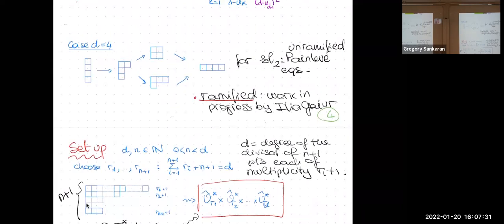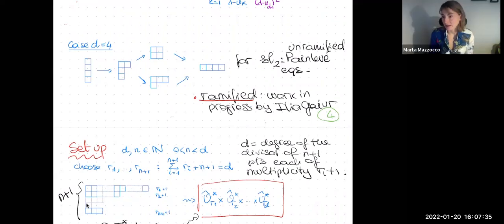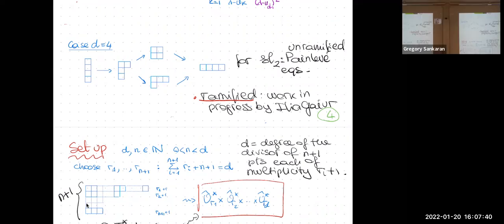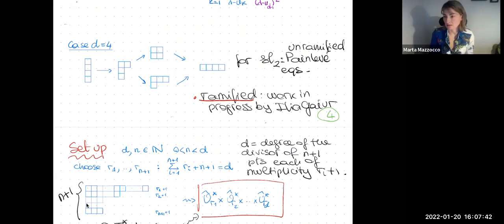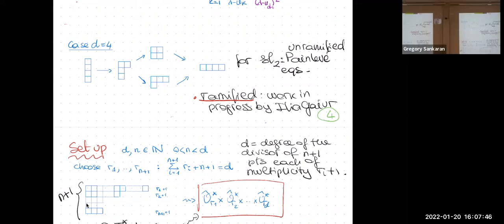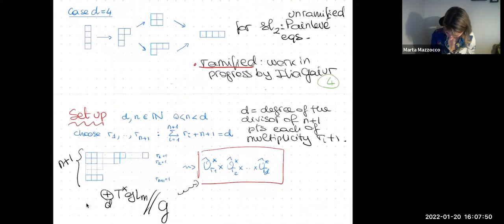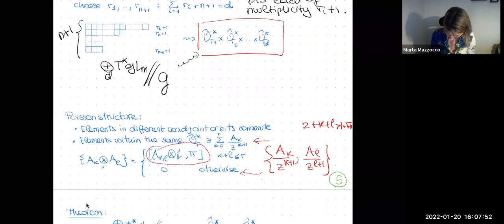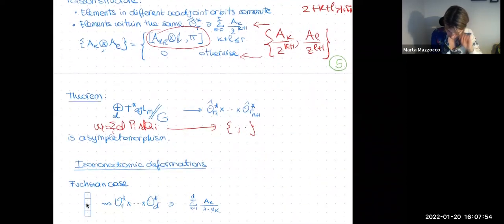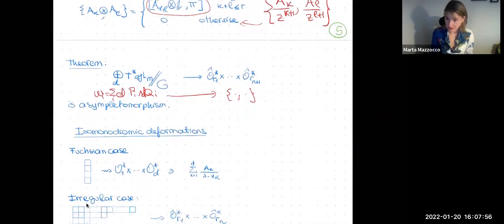Do they index a nilpotent orbit? Yes. Okay, so ramified exactly means that you have nilpotent orbits. Yes. But that's not my work. Ilya Gayur is doing this work, and hopefully it will be in his thesis, which should be ready soon.